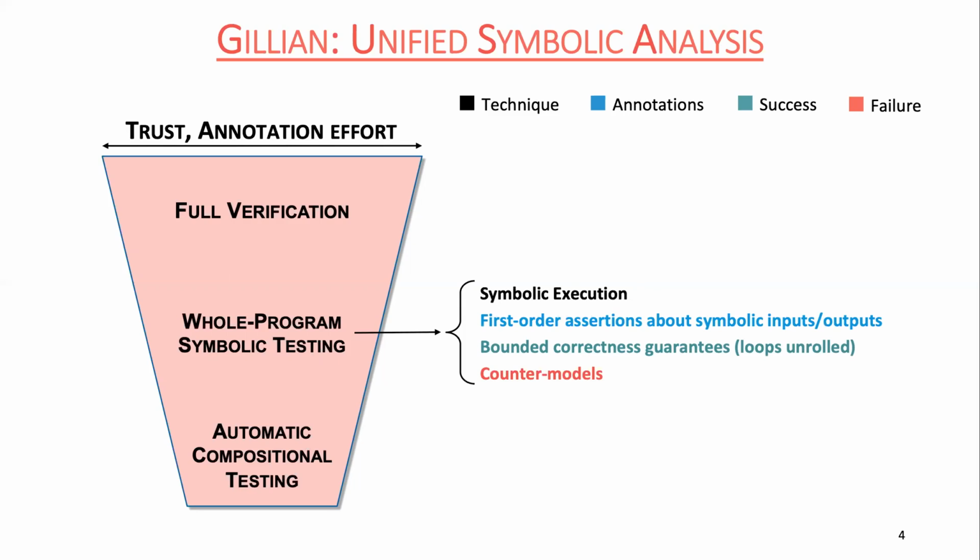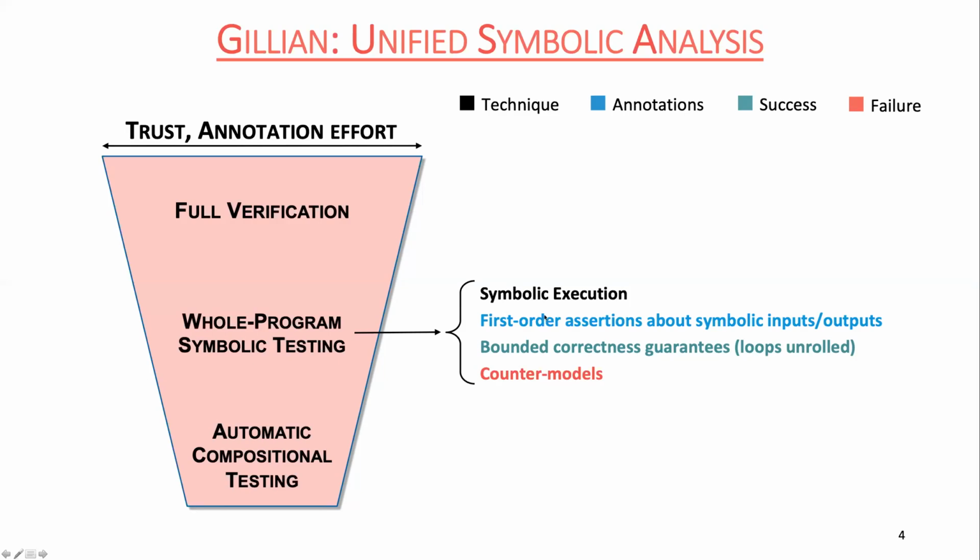For the code developer, in the case of whole program symbolic testing, instead of writing unit tests that you'll be very familiar with, we do symbolic tests, where the symbolic tests have information about how symbolic inputs and outputs given by symbolic variables behave.